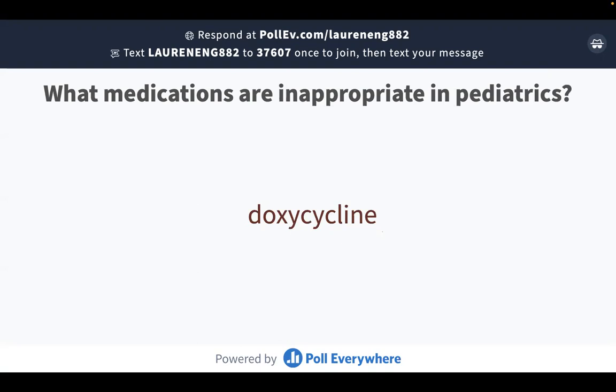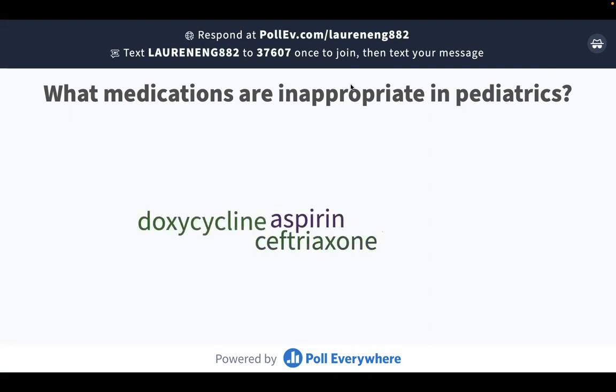Doxycycline. Lamotrigine, I saw that in the chat. Ceftriaxone. Good. There's a bunch of others, but good. You guys have the right idea. Aspirin. Good. All right.